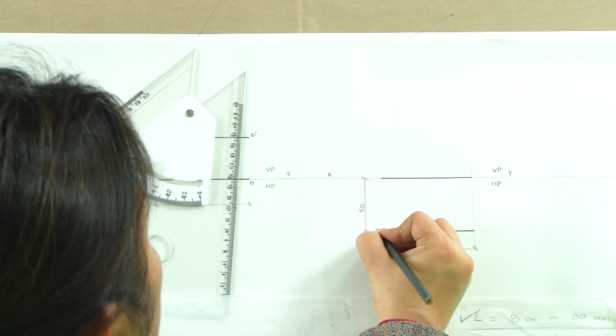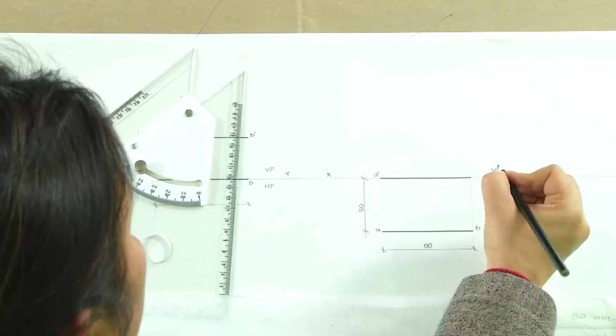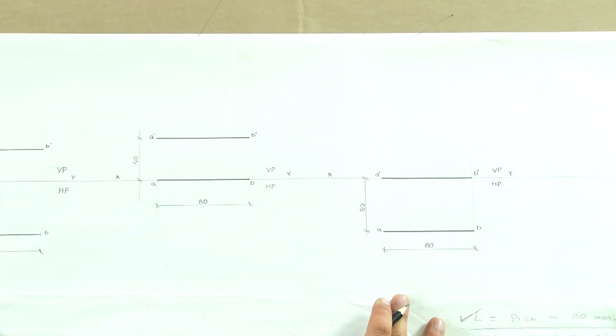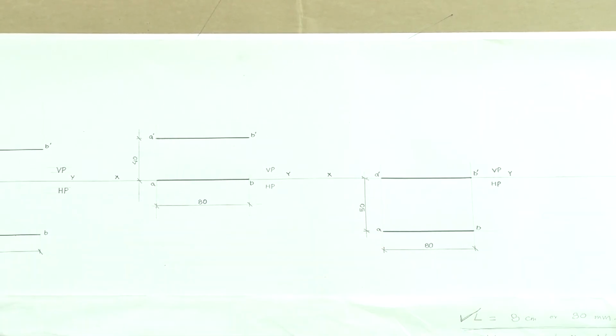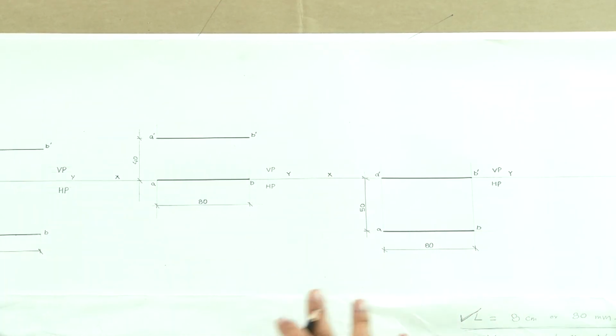This is the line in plan and this is the line in elevation. This is how we would see a line which is parallel to both the planes, but with these three different sets of conditions. So, this is what you will be seeing when the line is parallel to both the planes.